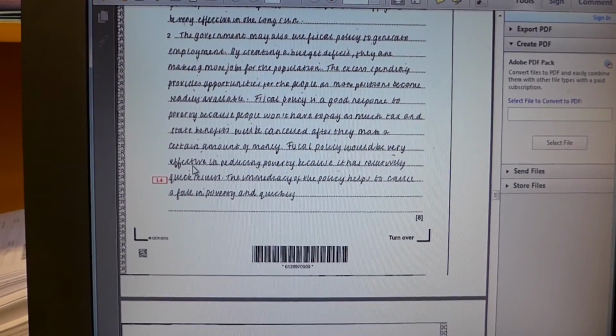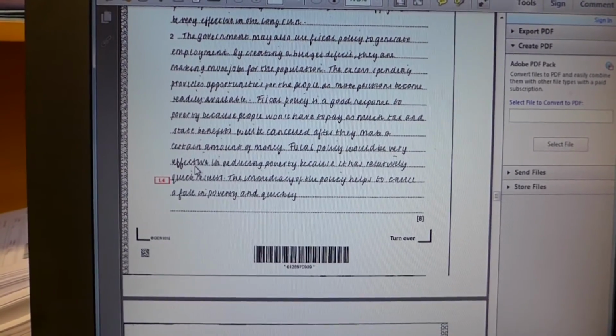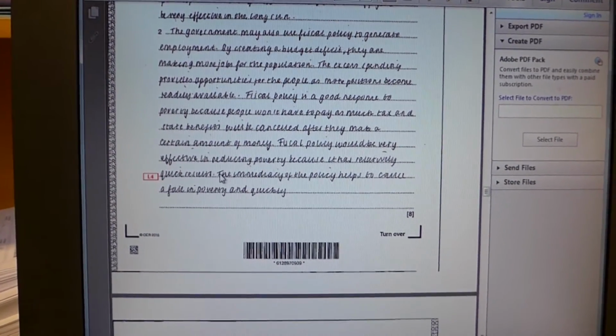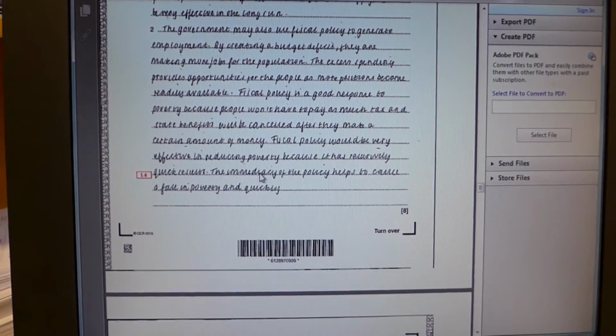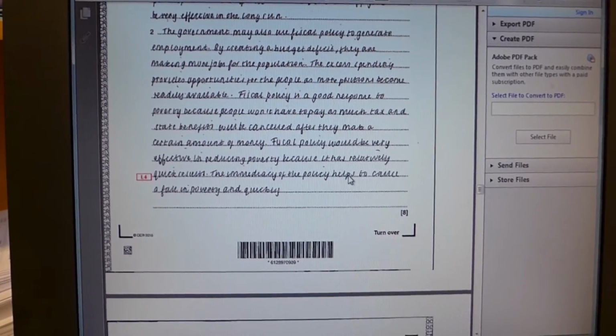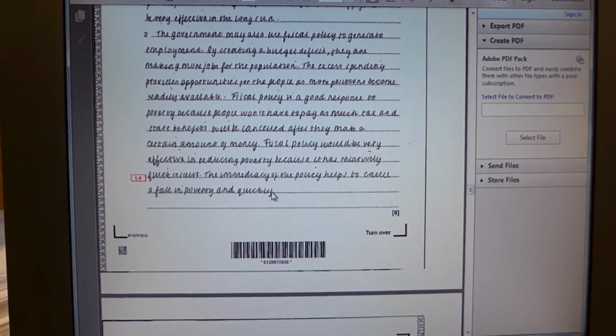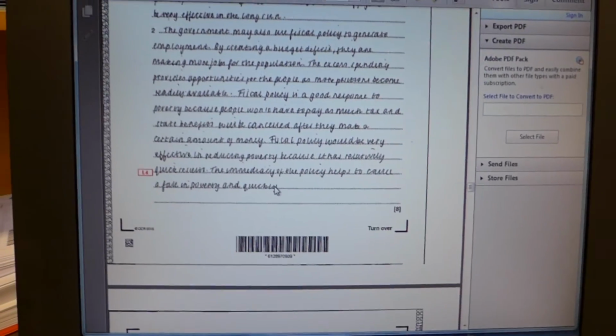Fiscal policy would be very effective, so this is the evaluative statement, in reducing poverty because it has relatively quick results. The immediacy of the policy helps to cause a fall in poverty quickly. So that's a lovely answer again.